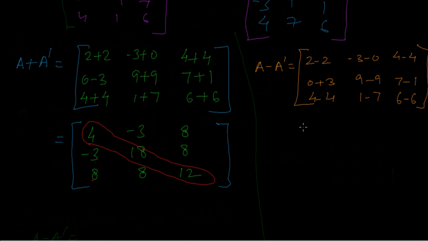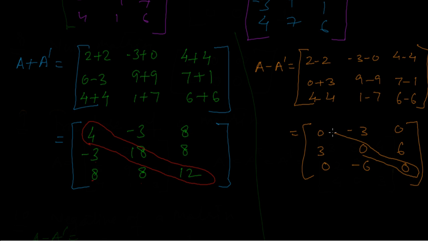So we get 0, -3, 0, 3, 0, 6, 0, -6, 0. The diagonal is 0, and you see here -3 and here 3, and 6 and -6.